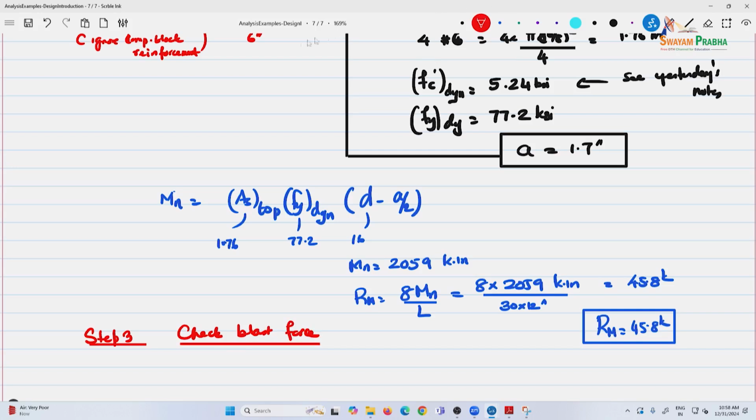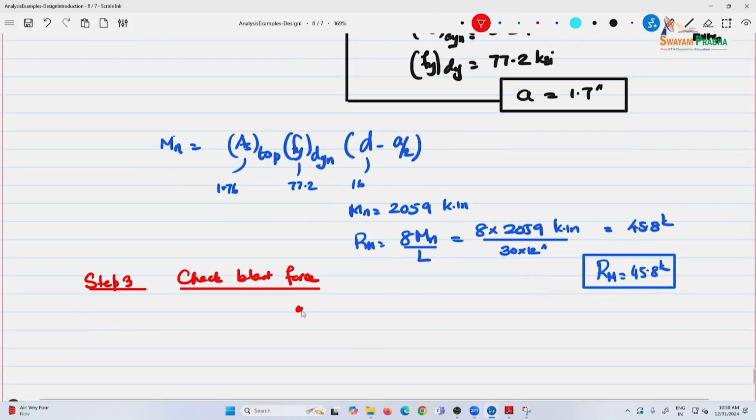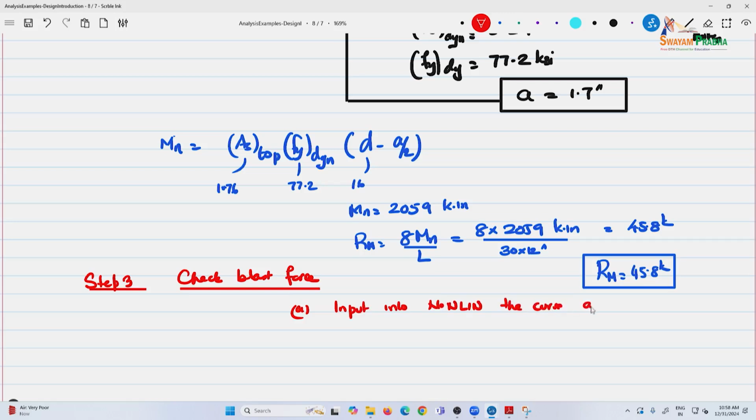Here you could do a couple of things. You could input into the nonlinear curve and find several things.